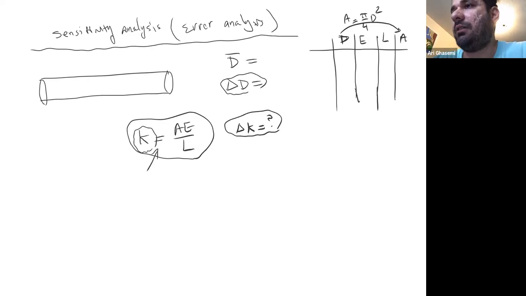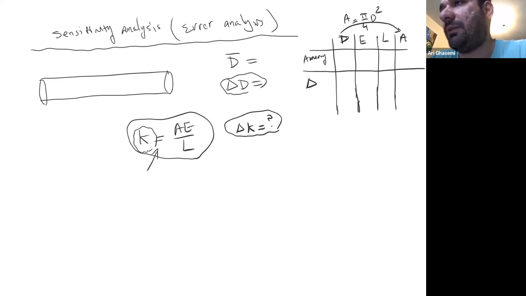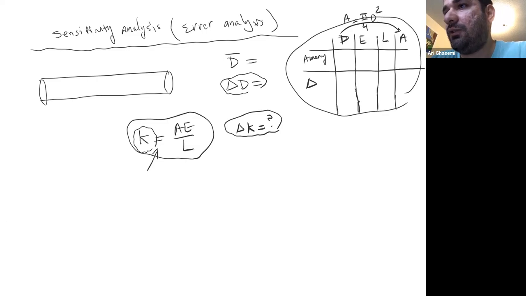So I have A. So let's say for this, I have the average, and then delta for every single individual. How do I get this? From the measurement. We already discussed it. Now, how can I use this information to find delta K?